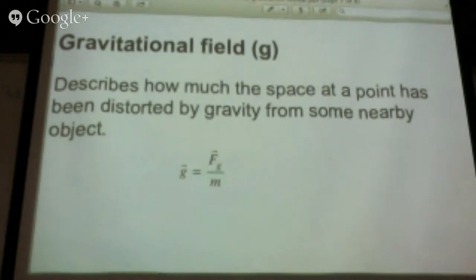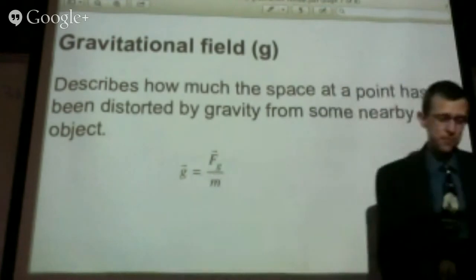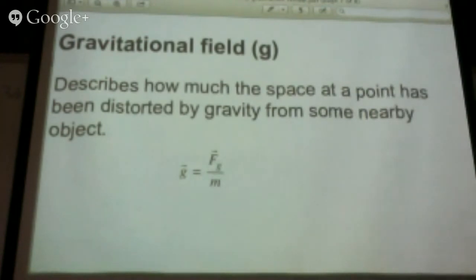So we have some good evidence for this idea that fields exist. The strength of that field is just a ratio. The idea is if we had some object that we were going to use as our tester object with some mass, the fact that it has mass means it works as a tester object. Anything that has mass can detect this field. We put some object that has mass in this space, we figure out how much force it experiences. If we doubled the mass of that object, we figure out how much force it experiences, its gravitational force, we find there's this constant ratio.